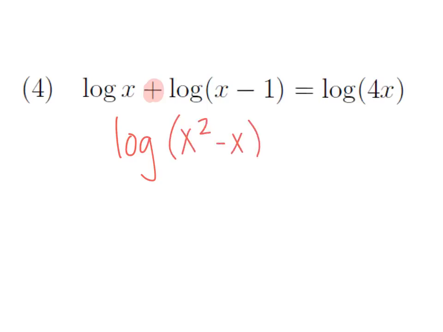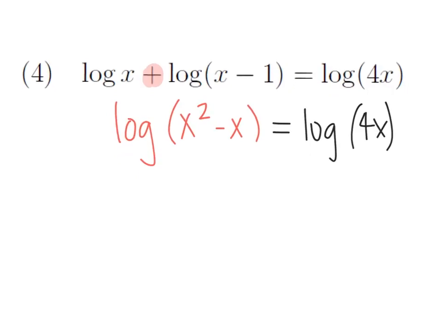I multiplied them together, and that equals the log of 4x. Since I have log of something equals the log of something, those somethings have to be equivalent. So x squared minus x has to equal 4x.